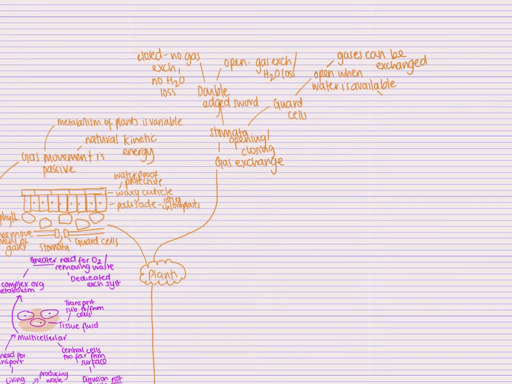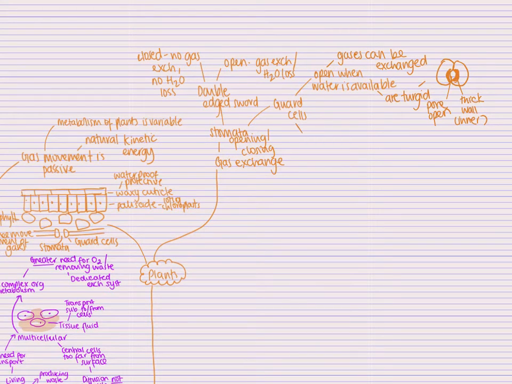And this is because the guard cells are turgid. And if we draw that in a little diagram, that means that they've become swollen and sort of bean-shaped because they've got a thicker wall on the inside of the cell. We'll just label that in there. Thick wall on the inner layer, and that means that the pore is open.